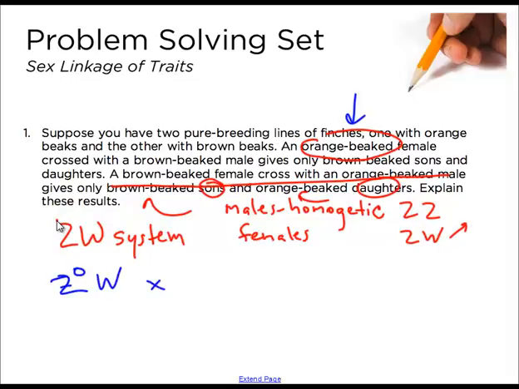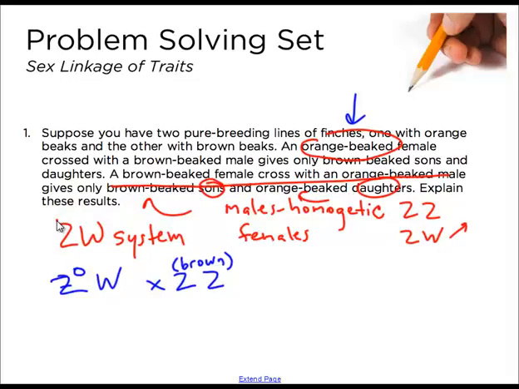The male is brown-beaked, and he's ZZ, so we don't know if he's homozygous, heterozygous, etc. But one thing we do know is that his phenotype is brown. All of the offspring are brown in the F1 here.